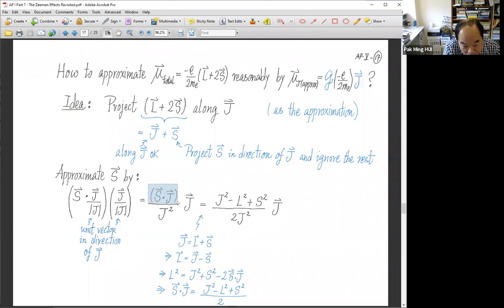When I see S dot J, I know what to do because we learned some trick in spin orbit interaction. Remember that J is L plus S, thereby L is J minus S. I do L squared, I will pick up the cross term. So S dot J can be written as L squared, S squared, J squared combination divided by 2. Okay, so this projection can be written as such. Okay, put together the two things.